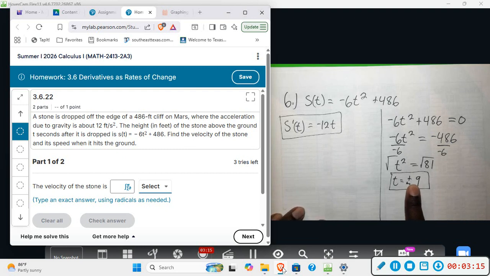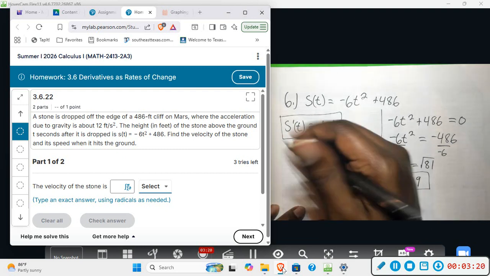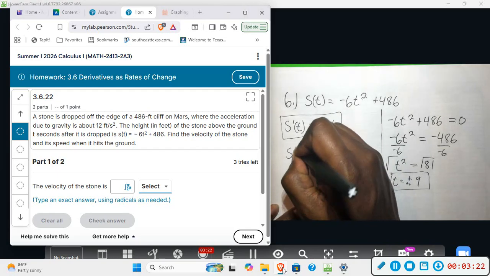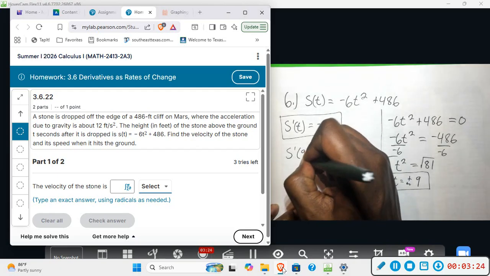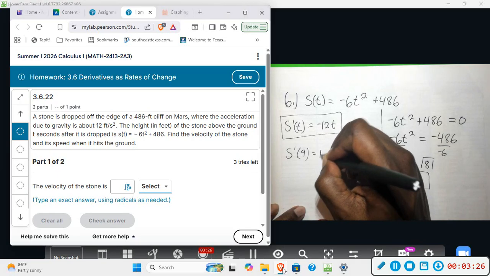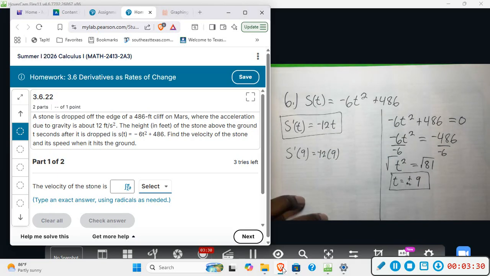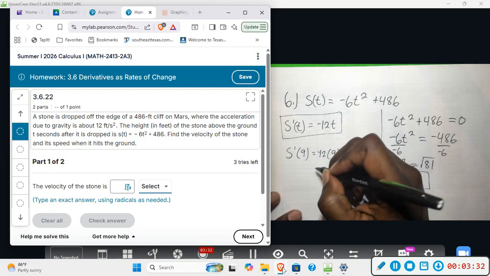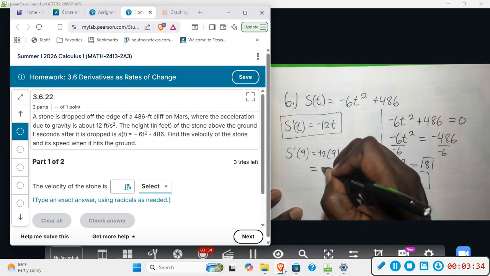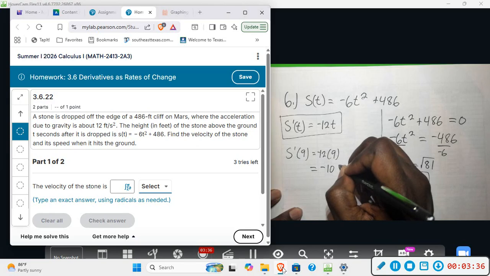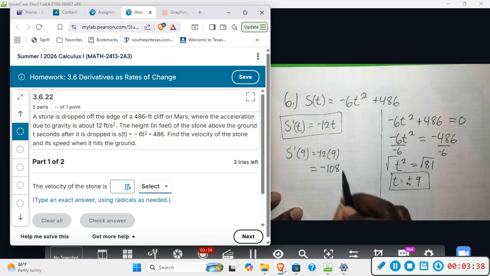Okay, so we're going to take this 9 and plug it into the velocity function. Negative 12 times 9 will give us a negative 108. So this is the velocity when it hits the ground.